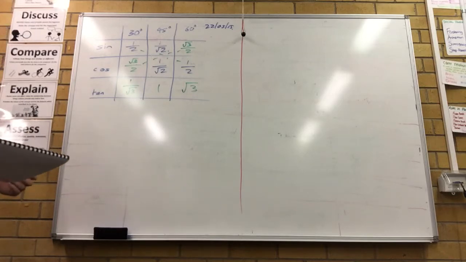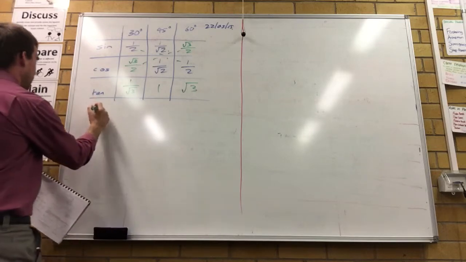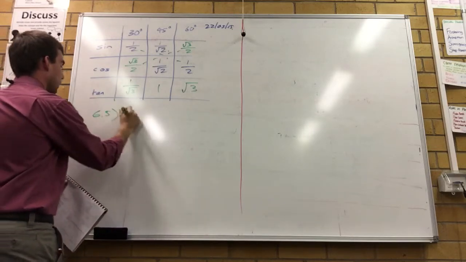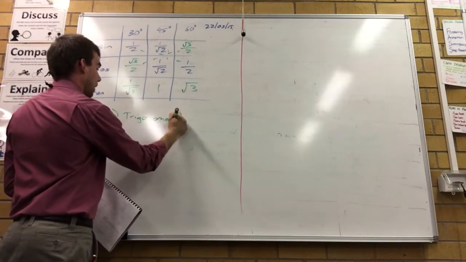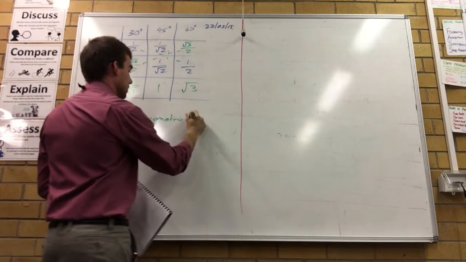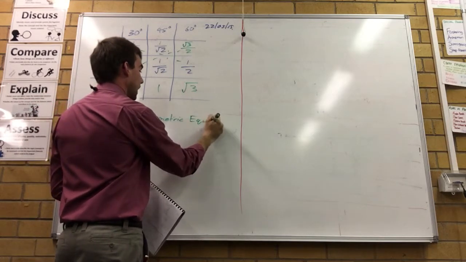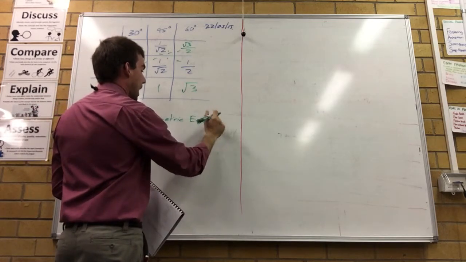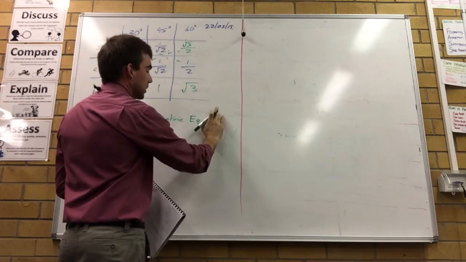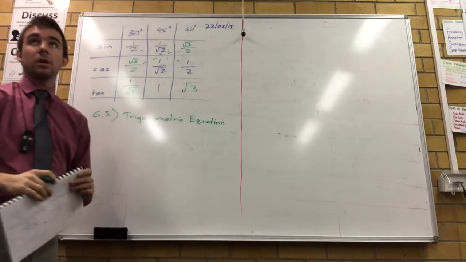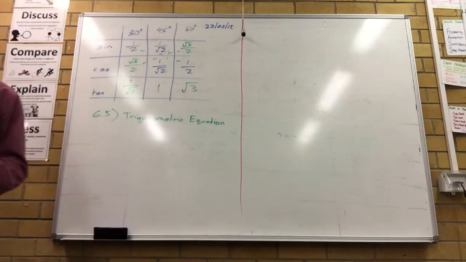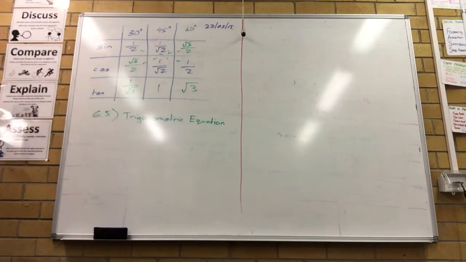Okay, so good. Right, so now we have 6.5, trigonometric equations. Okay, so last lesson we looked at an example, sine of 300, for example, and we're asked to do the exact value of something other than what's in this table.